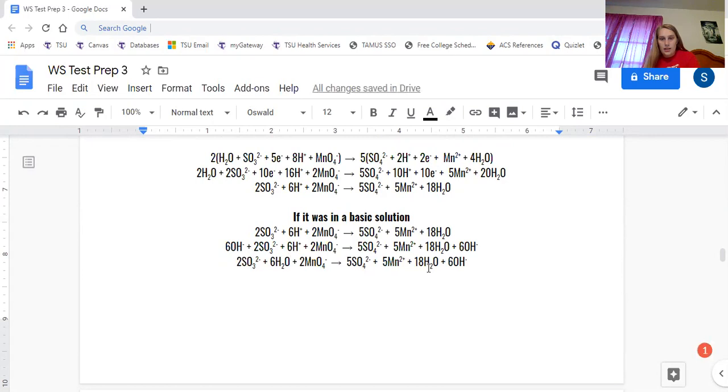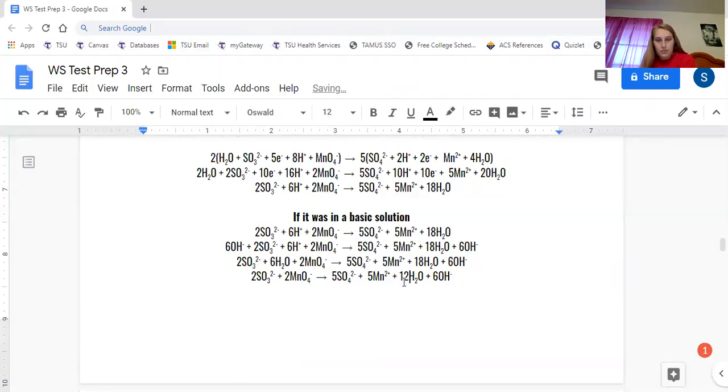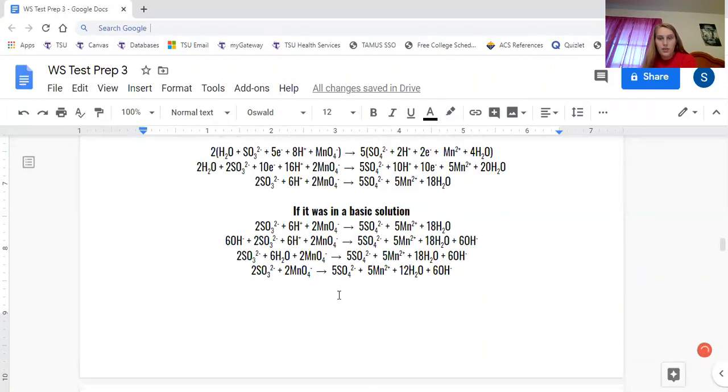Okay, and then we're going to be able to look at that and see that we have 18 waters over here and 6 over here. So we can go ahead and get rid of 6 waters on both sides. And there you go. That should be your solved reaction right there.